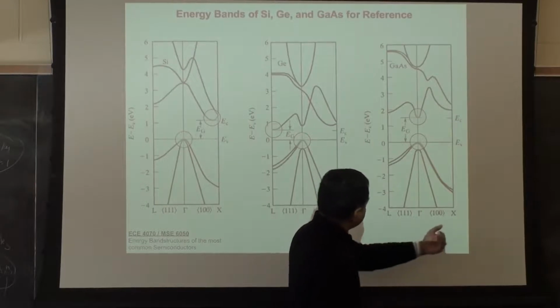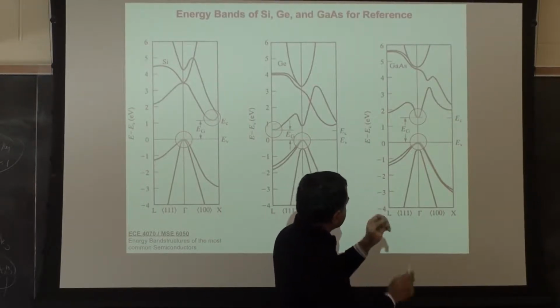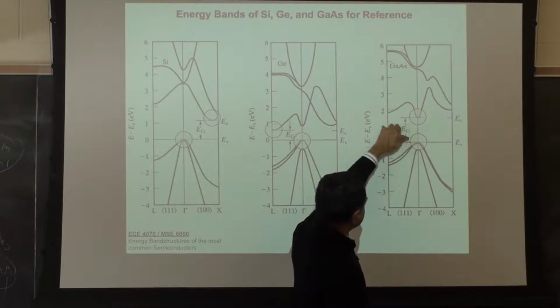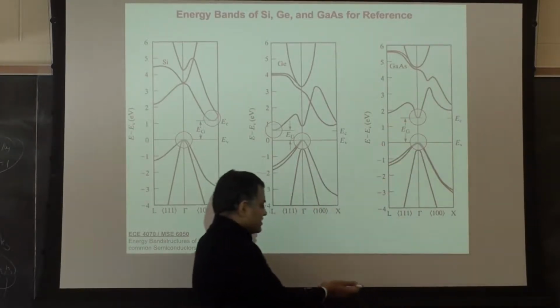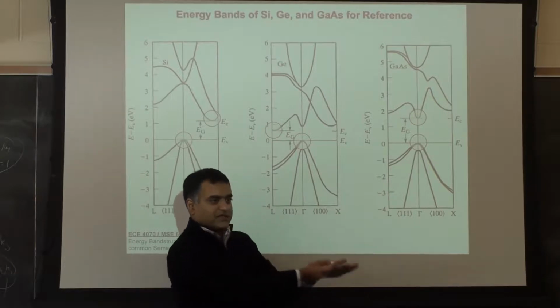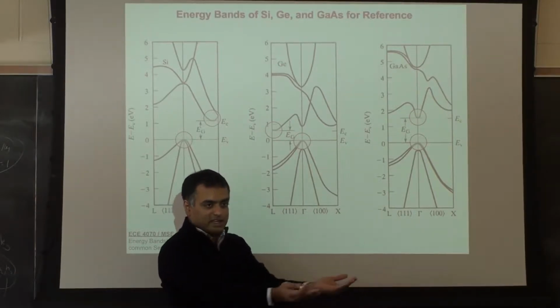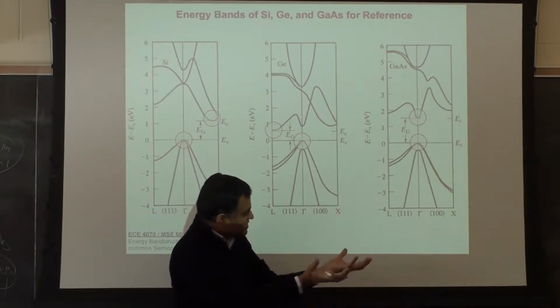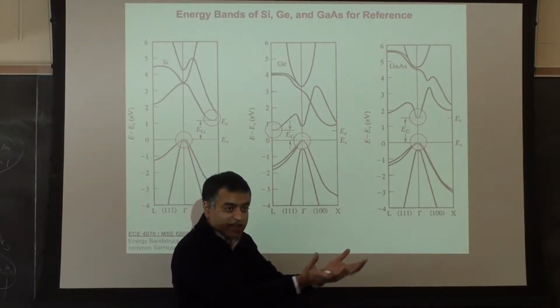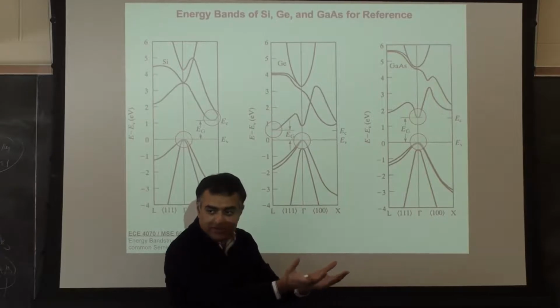But if I take it to room temperature, you can see that at room temperature there is a finite probability that some electrons are here. What do I mean by room temperature? Meaning the crystal of gallium arsenide is sitting on something, and that thing is at 300 Kelvin, right? What does that mean? That means that the crystal atoms of gallium arsenide are vibrating with a certain amount of frequency and all that.